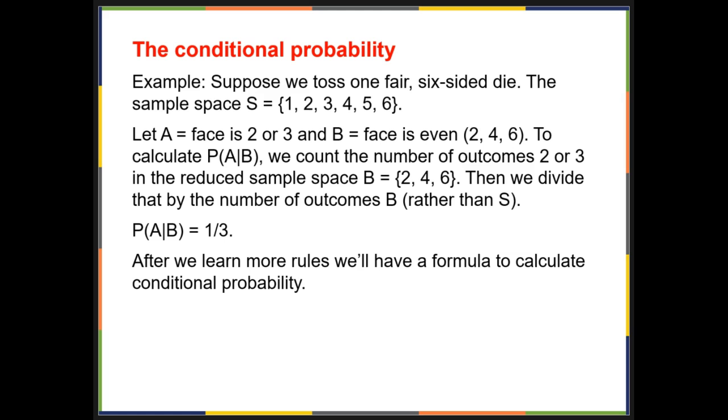We count the number of outcomes, 2 or 3, in the reduced sample space of B equals 2, 4, or 6. Then we divide that by the number of outcomes in B rather than S. So the chance of getting 2 or 3 after you've rolled 2, 4, or 6 is 1 out of 3. After we learn more rules, we'll have a formula to calculate this.